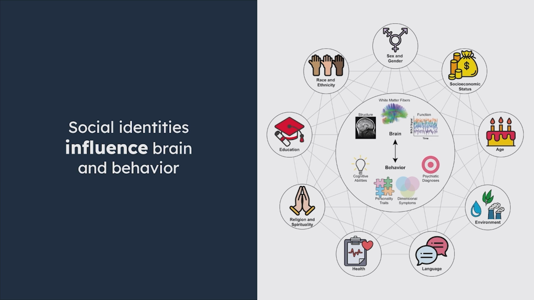It is crucial to understand how these identities influence the brain and in turn behavior for the continuation of our science. I'm going to pass this on now to my colleagues, but I hope that through this talk and through the experts here on the stage, you start to think about the ways that we recruit, the analyses we conduct, and the methods that we use. Thank you.